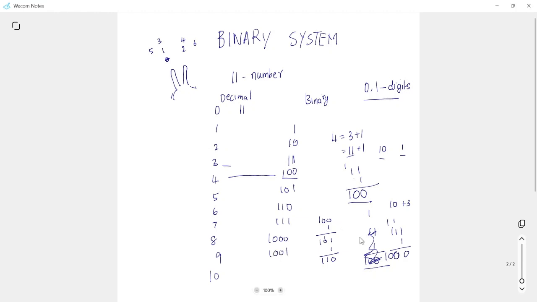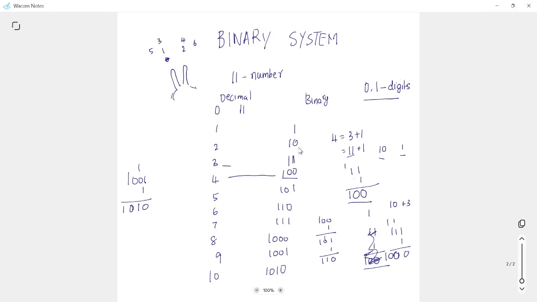And 10 is 1, 0, 0, 1, which is 9 plus 1. 1 plus 1, 2, which is 1, 0. And then 1 plus 0 is 1. 0 is 0. And 1 is 1. 1, 0, 1, 0. So this is how you write numbers 1 to 10 in the binary system.